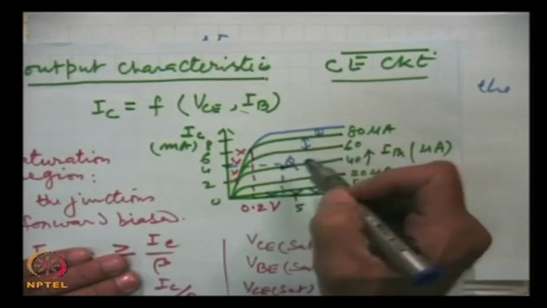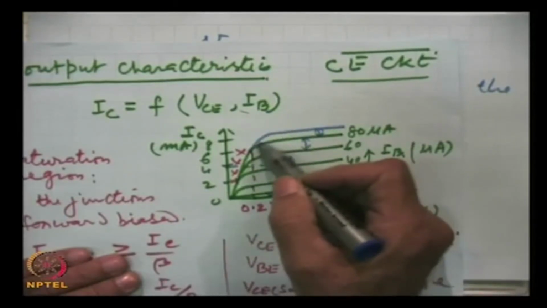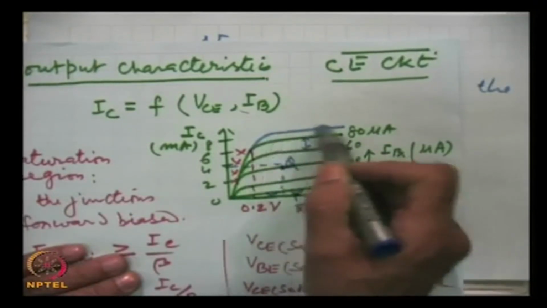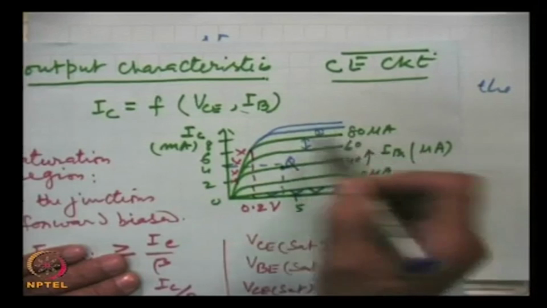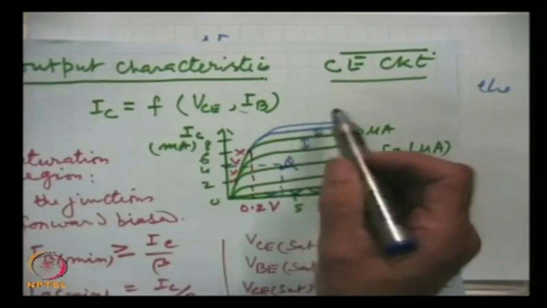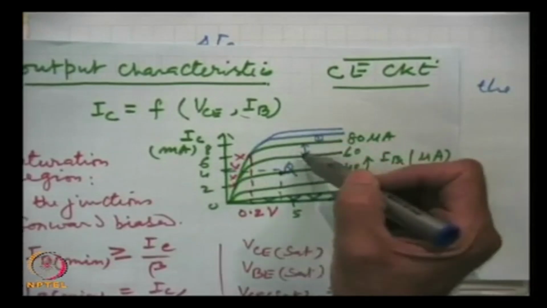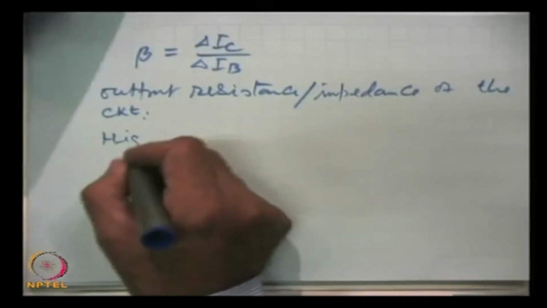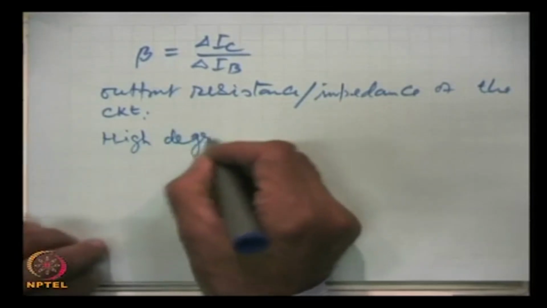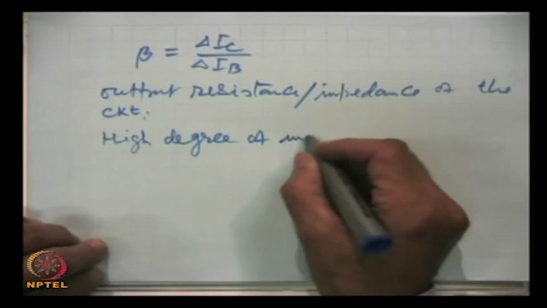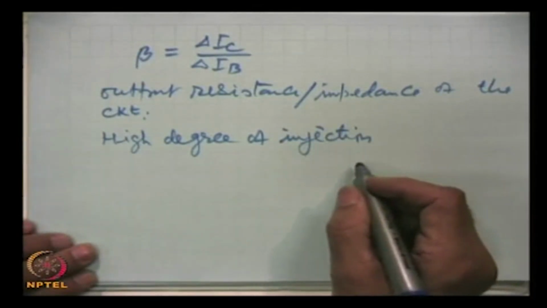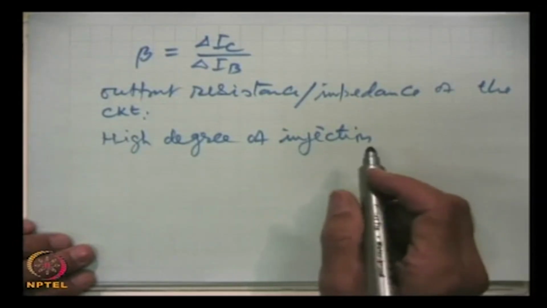Number one, when we increase the base current, why is there a crowding of these curves? This crowding arises because of high injection. When the input current is very high, it is called a high degree of injection. A lot of charge carriers will be injected into the base.